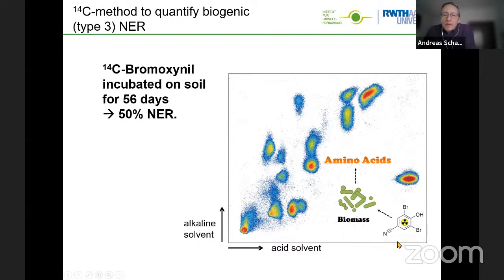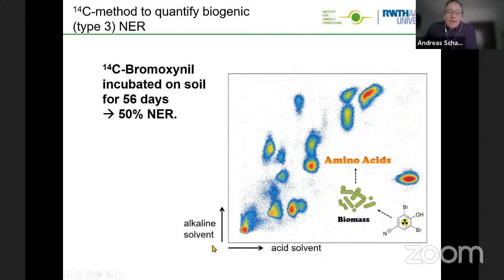For instance, you have this pesticide here, radio-labeled. It is degraded by microorganisms to small molecules which are used by the microorganisms to build up biomass. And biomass, for instance, amino acids, but also nucleic acids, phospholipids, and other compounds. And these amino acids, they carry the radioactive label.